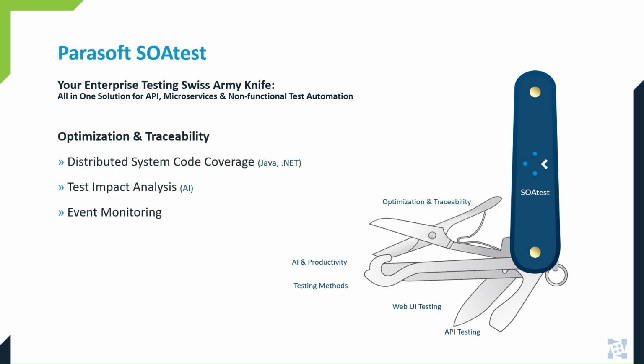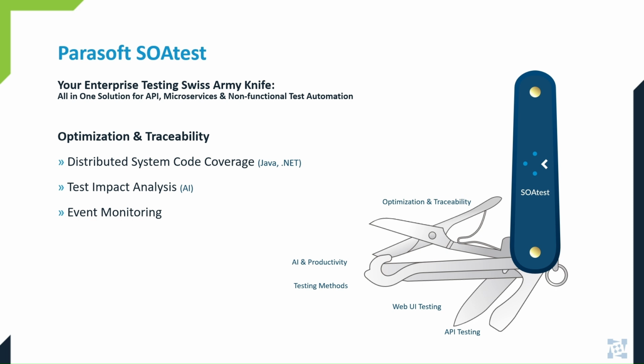Now, our goal at Parasoft is always to optimize and improve test automation. Parasoft SOATest offers a couple ways to optimize. We support the gathering of code coverage for the functional testing of Java and .NET applications, even in complex distributed systems. It also includes AI-driven test impact analysis, which helps teams to optimize their test strategy and test executions to focus on application change.